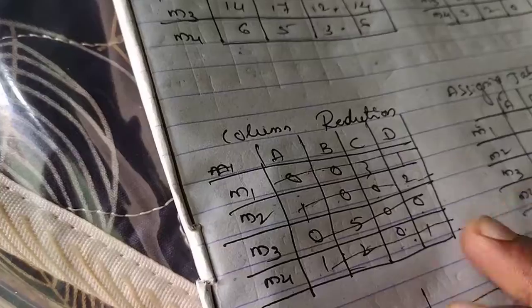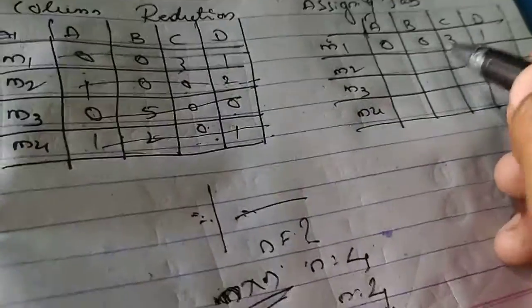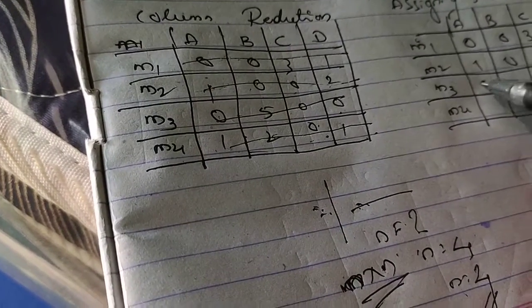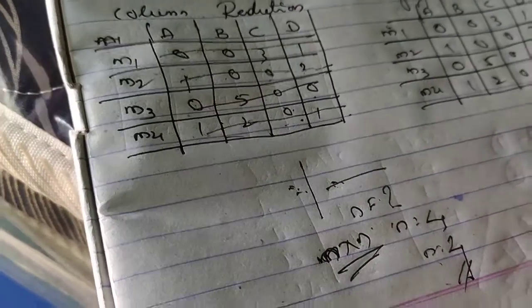Before going for assignment, we should rewrite the same matrix. This is 0 0 3 1, and 1 0 0 2, and 0 5 0 0, and 1 2 0 1.